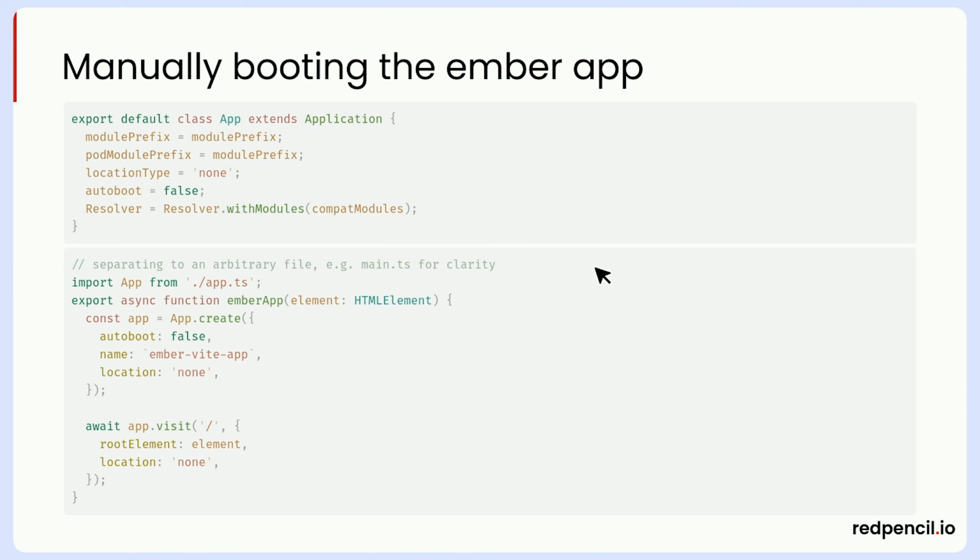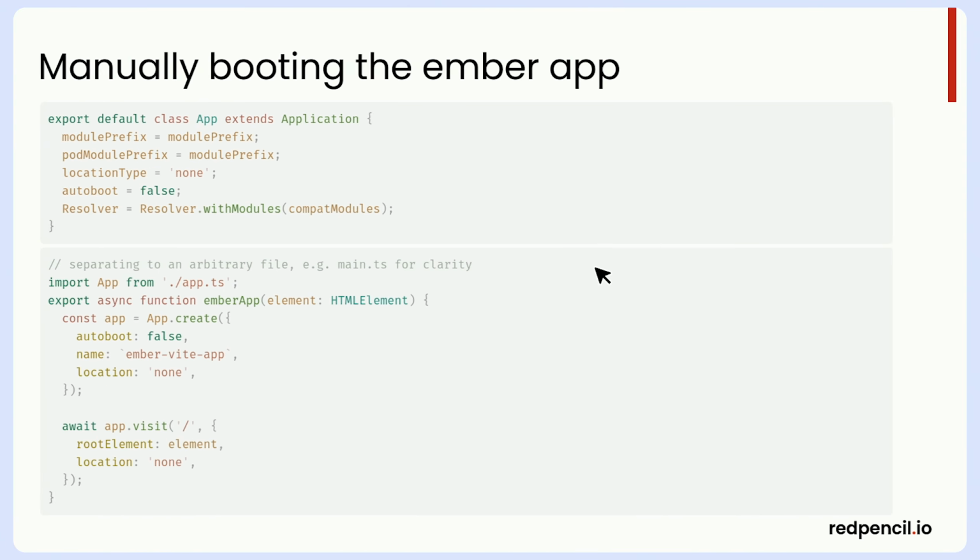That's not an API you need to expose. So this just takes in an HTML element. It runs app.create. And yeah, again, autoboot false. I don't know if you have to set autoboot in all these places, but I really don't want this thing to autoboot. And there you go. That actually is enough.